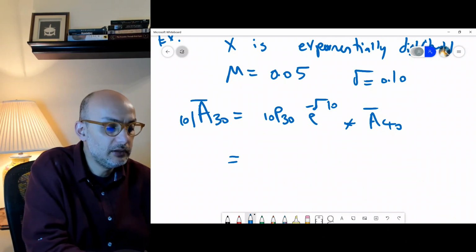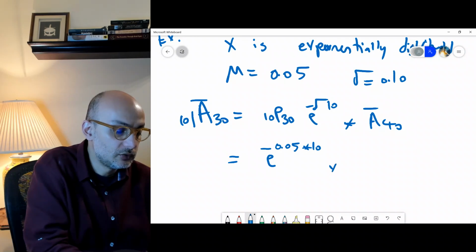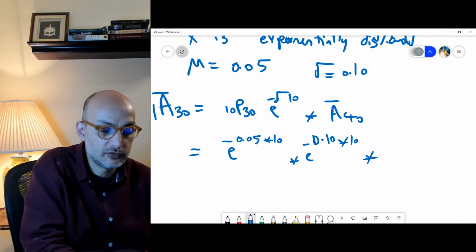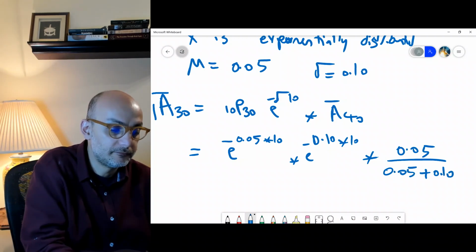So 10p30, if you compute for 10 years, multiply by 10, and now you have e to the minus 0.1 multiplied by 10, and A40, this is life insurance for 40, this is mu over mu plus delta, which is 0.5 divided by 0.5 plus 0.10. It's easy.